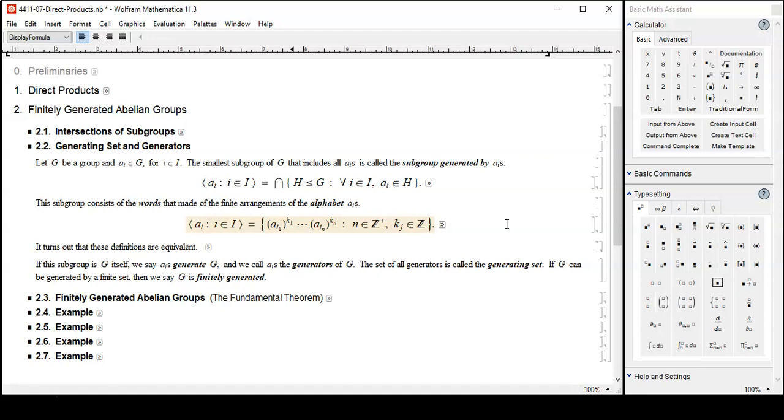Yeah, a1, a2, a3, and so on, possibly infinitely long. Okay, all right. We established the concept of generating set and finitely generated.